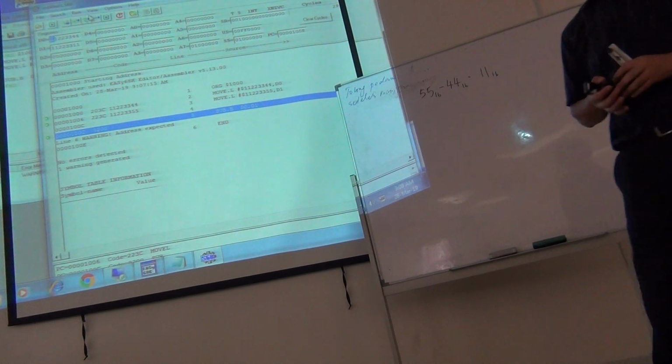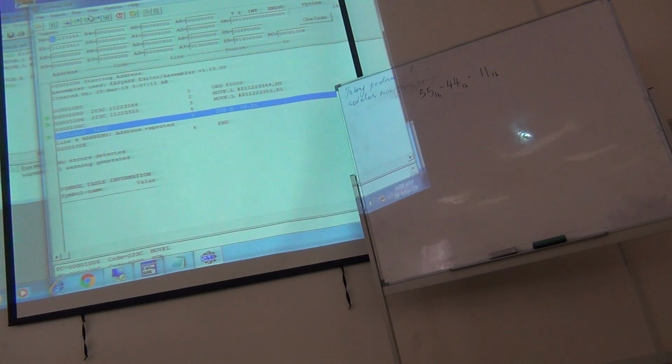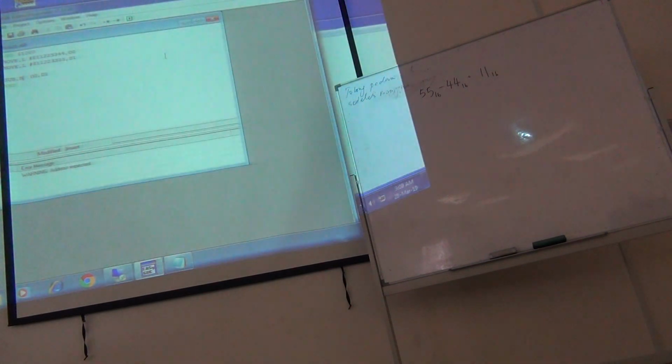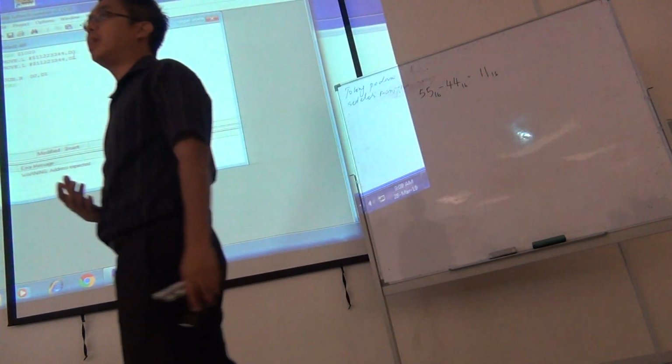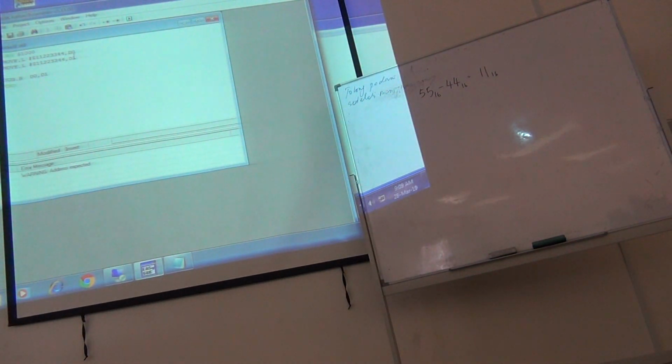So let's step right now, change the value now. Change your code from 55 to 44. And then do the same process again. Look at the CCR codes over there again. Is there any changes or not? Any changes?